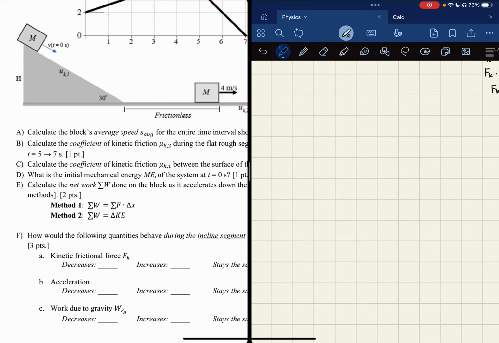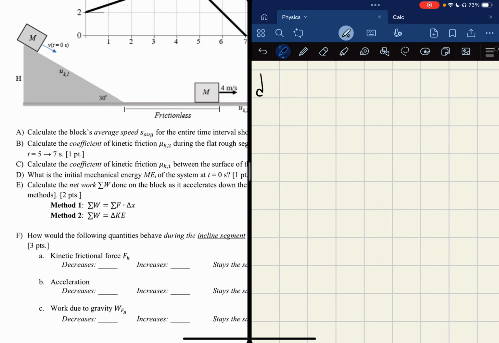So in part D, MEi at that point is equal to the initial potential energy plus your initial kinetic energy, which is equal to mghi plus 1/2 mvi squared. PEi is equal to mghi, KEi is equal to 1/2 mvi squared.